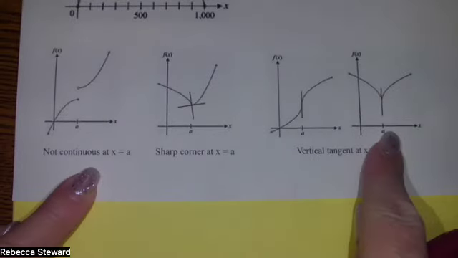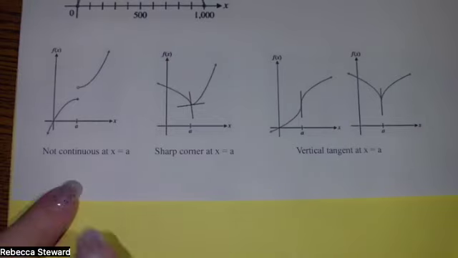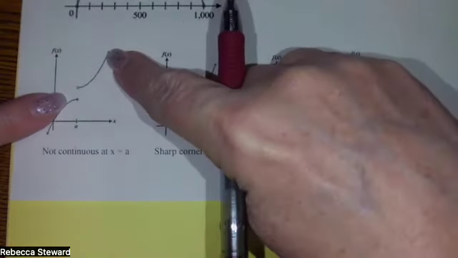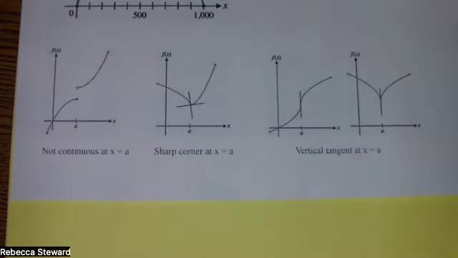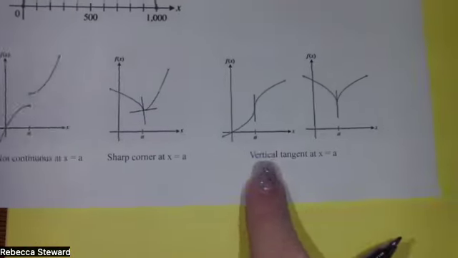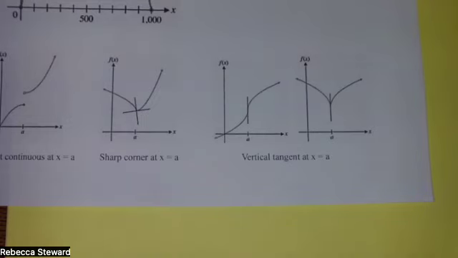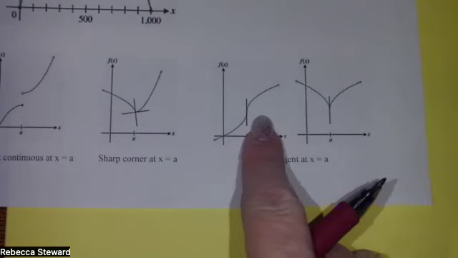So we have some different graphs where f will not be differentiable at a value of a. So first, if it's not continuous, where our limits, remember we talked about limits recently, are not the same, it will not be differentiable. If you have sharp corners, or if you have a vertical tangent at that spot, where x is equal to a, we have two types of graphs there.